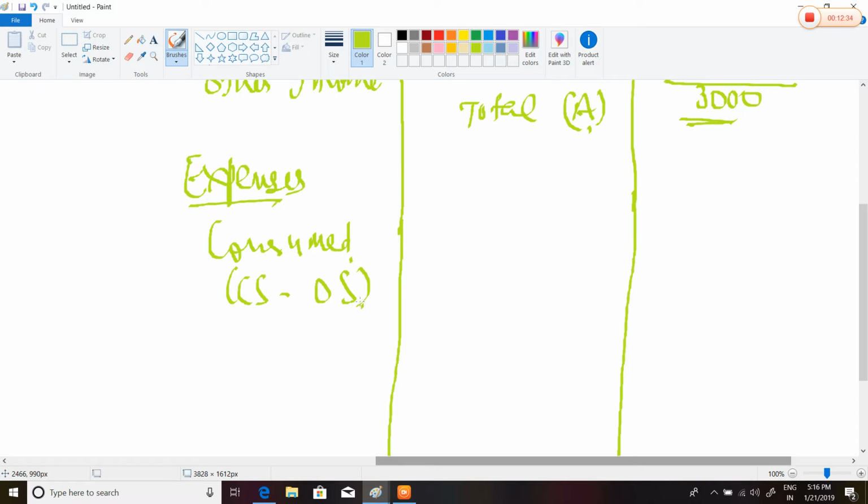There is nothing consumed, but you can write here raw material, change in inventories, that is 140 minus 200, which comes out to be minus 60.